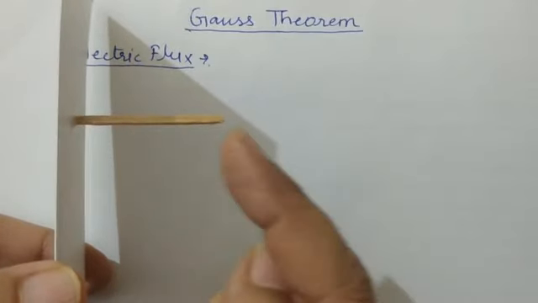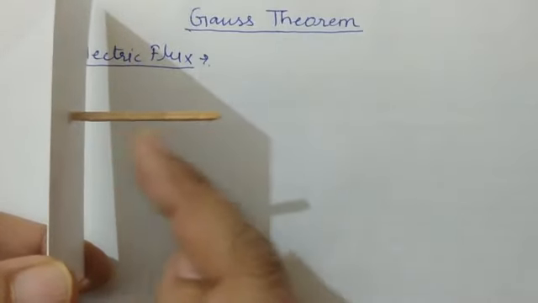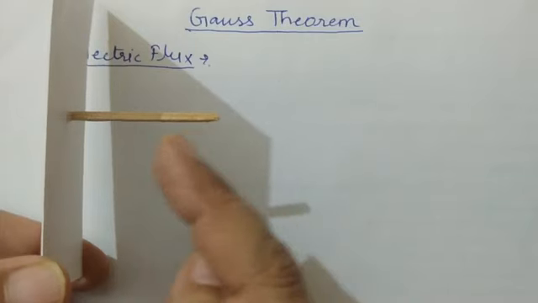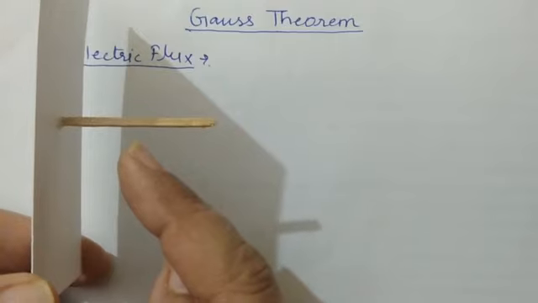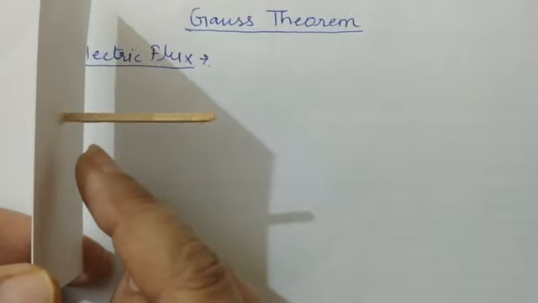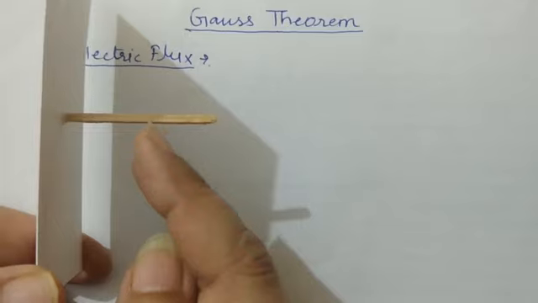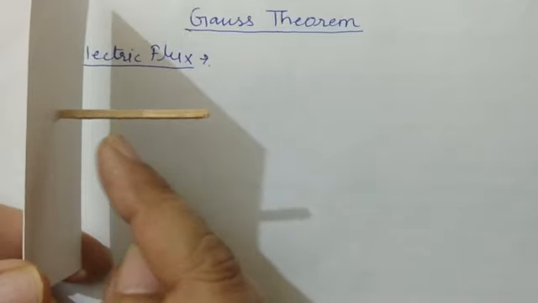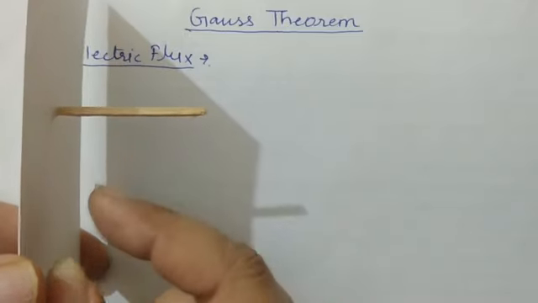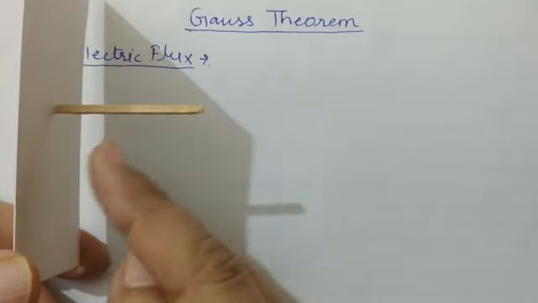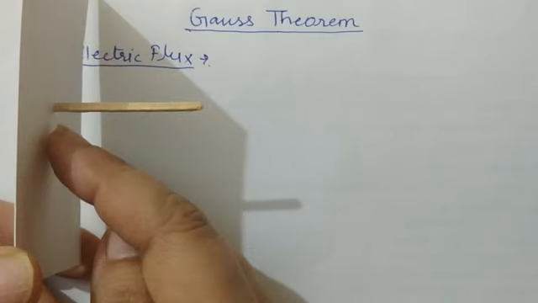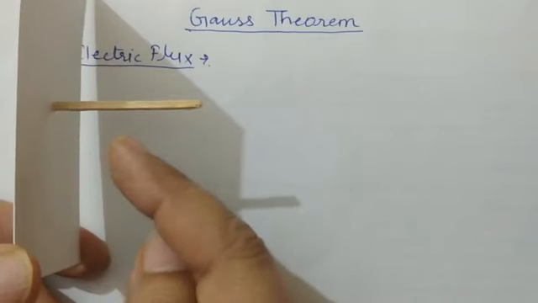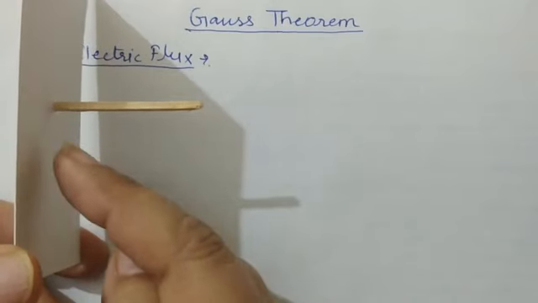See, this is a vector actually, and this is called area vector. Now you will say area and vector. Area is a scalar quantity. Yes, area is a scalar quantity, but in electrostatics we consider it as a vector because in many places we need the direction of area. So we take the perpendicular line drawn on the surface as the area vector, which gives us the direction of this area.